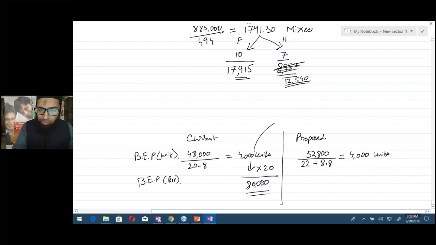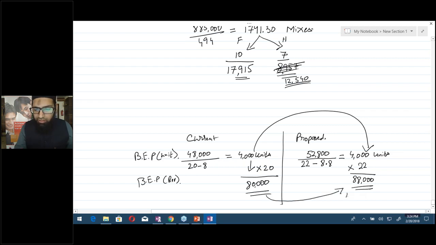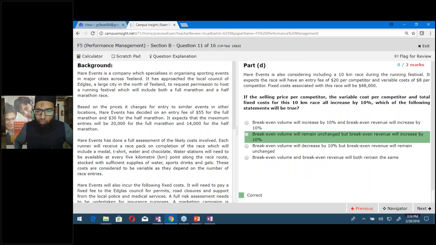But in the proposed situation, with selling price 22, my sales revenue will be 88,000. That means my revenue will increase by 10%. So this will be the correct answer: break-even volume will remain unchanged, but break-even revenue will increase by 10%. B.